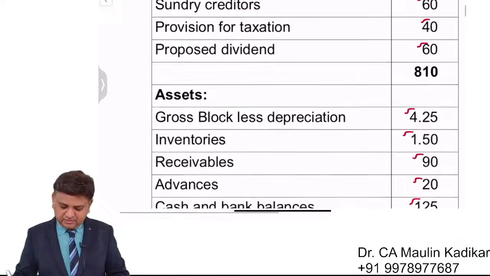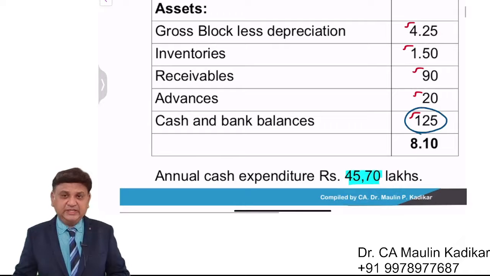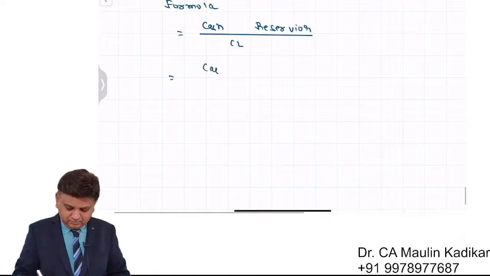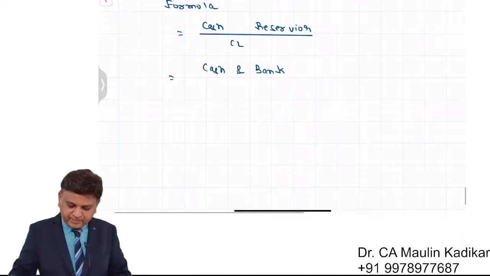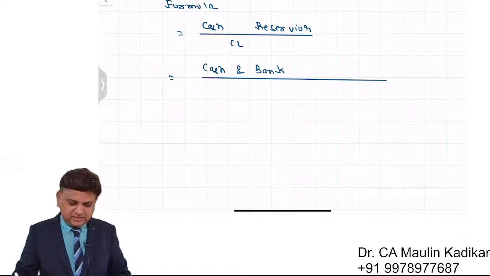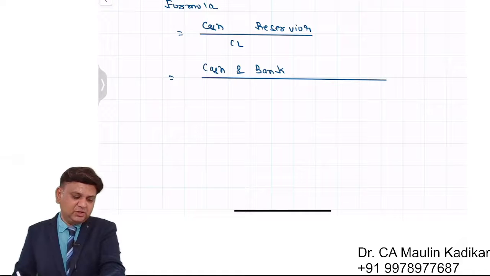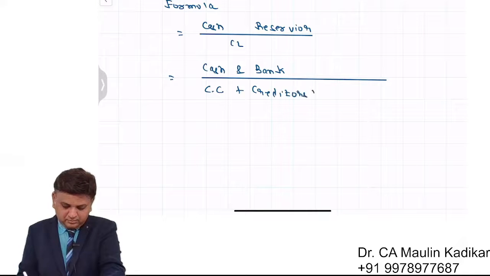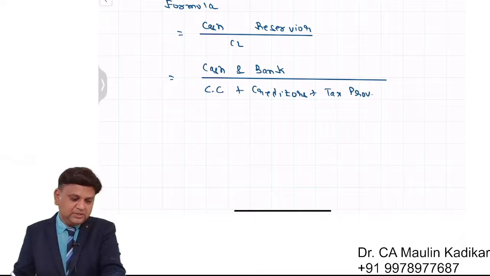In this example, the cash reserve is cash and bank, divided by current liabilities. Current liabilities consist of cash credit, then creditors, then tax provision, then proposed dividend.